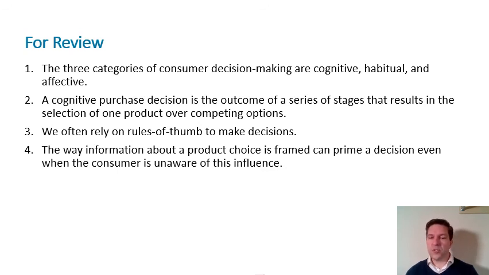So what we do is we use heuristics or rules of thumb to do this. And we've discussed some of the rules of thumb, for example, covariation, where we actually use other information that we have of the product to fill in the blanks that we maybe don't have.